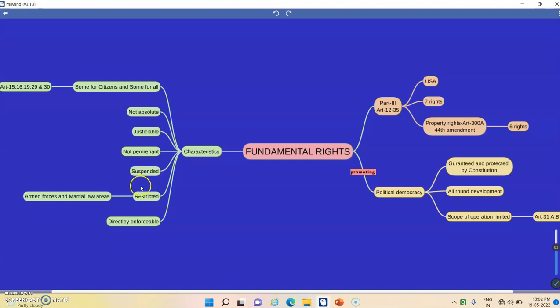And the next characteristic is that the application of fundamental rights to the members of the armed forces and martial law areas is restricted by the Parliament due to Article 33. That means fundamental rights are restricted sometimes for certain people.